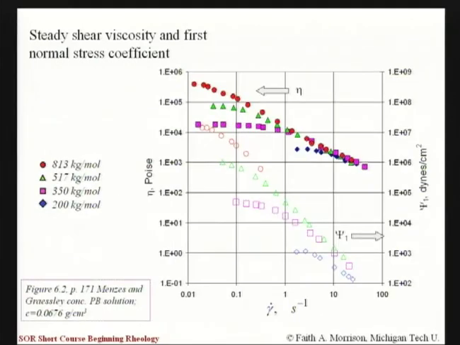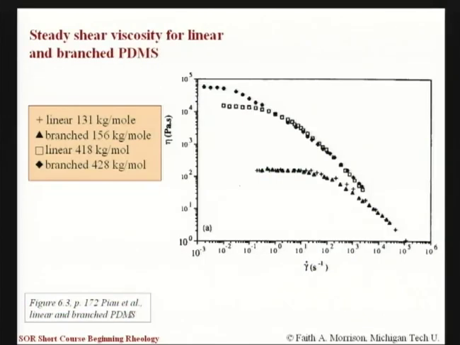This is polybutadiene, polybutadienes of different weights. Again, non-constant viscosity, non-zero psi1. And here is polydimethylsiloxane, non-constant viscosity. No psi1 given. Sometimes there's no psi1 given. It doesn't mean it's zero. It means they didn't measure it.